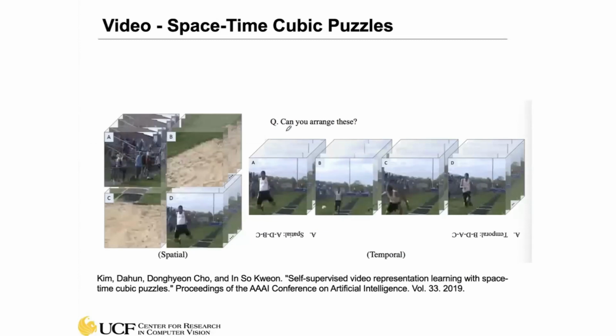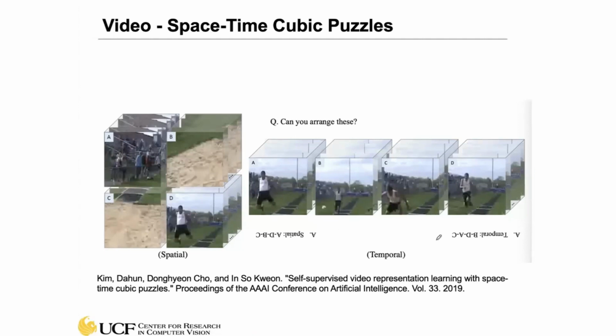Since we talked about the jigsaw puzzle in the image domain, we can also make a 3D version for video. For each frame, we can divide it into patches, and we can also do this in the temporal dimension. So now instead of 2D patches, you have 3D cubes, like a Rubik's cube instead of a 2D puzzle.